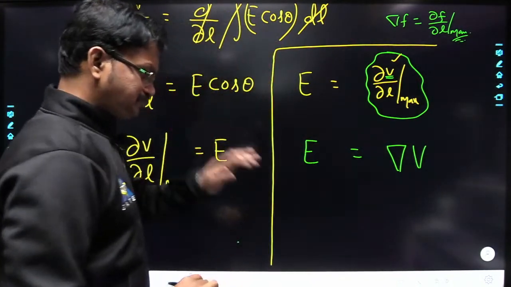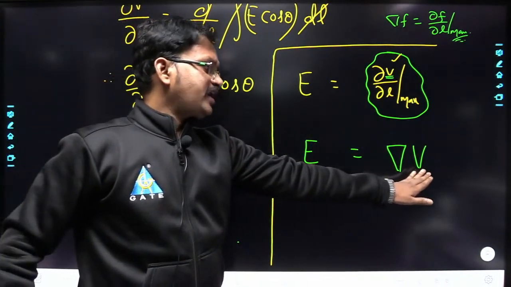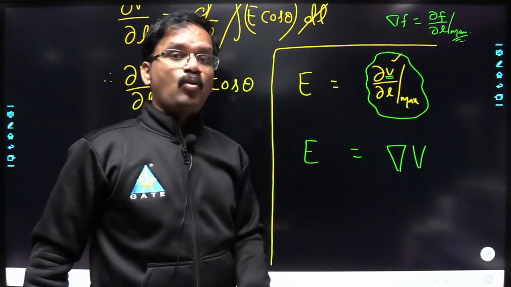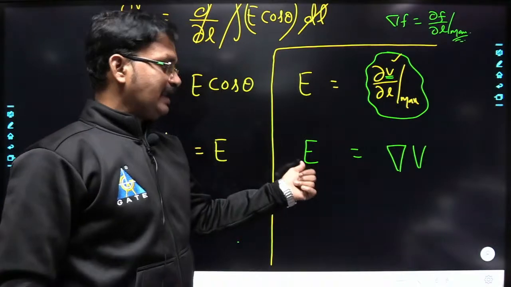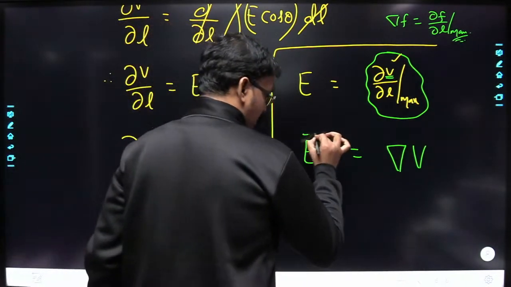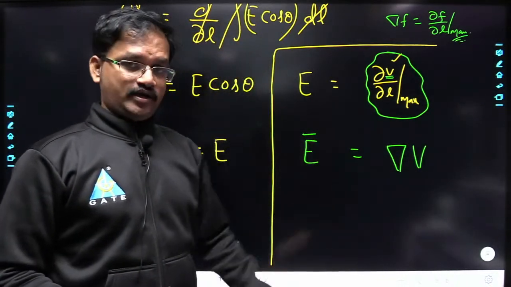Now the gradient of any scalar field results in a vector quantity, and electric field is also a vector quantity. So on the LHS we have a vector quantity, and on the RHS also a vector quantity. Understood?